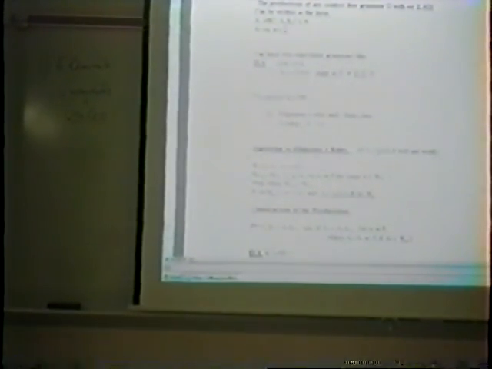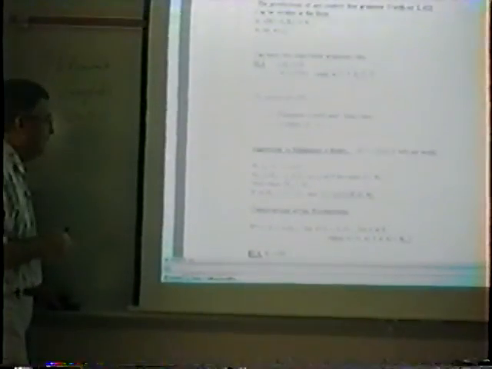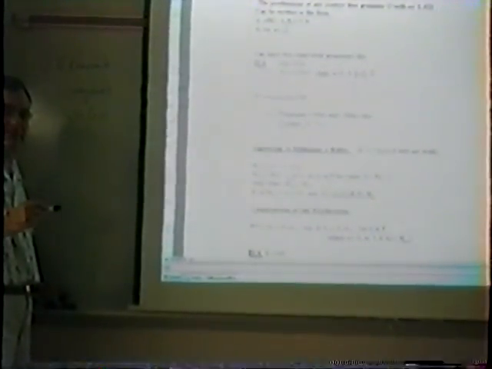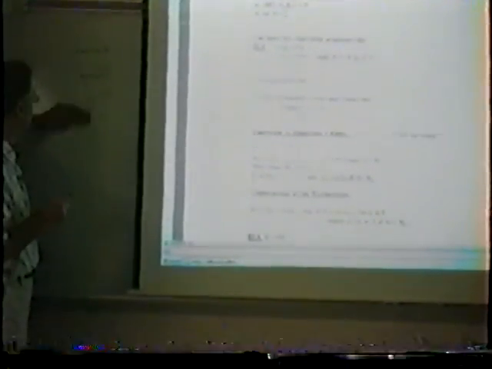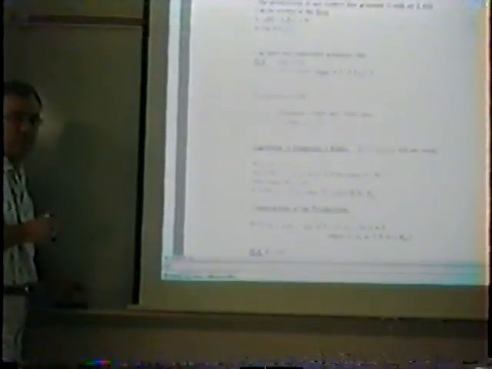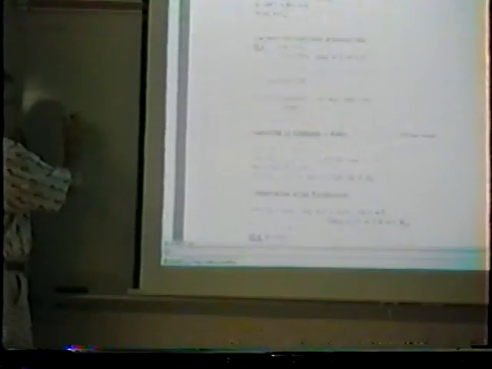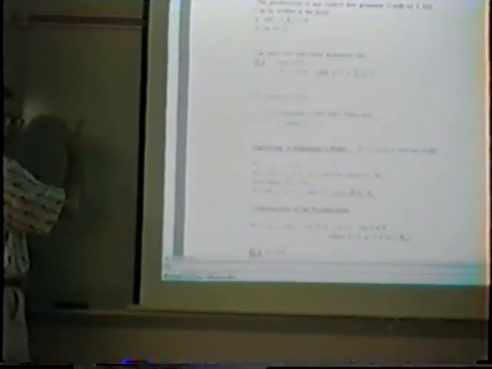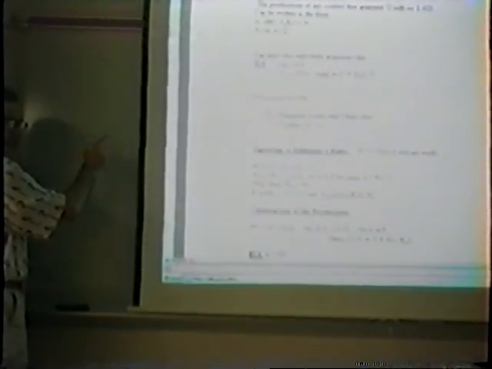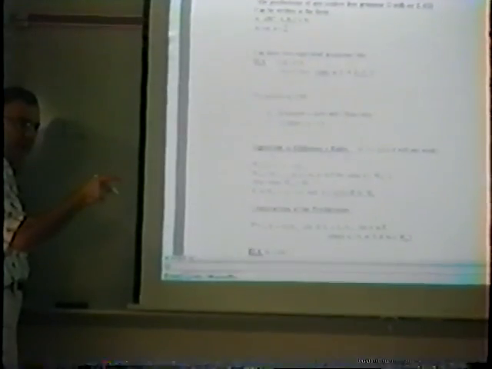Number two, eliminate the empty rules. When we said the form the grammar must have, we said if you go to a terminal, it must be exactly one, and it must not be the empty string.